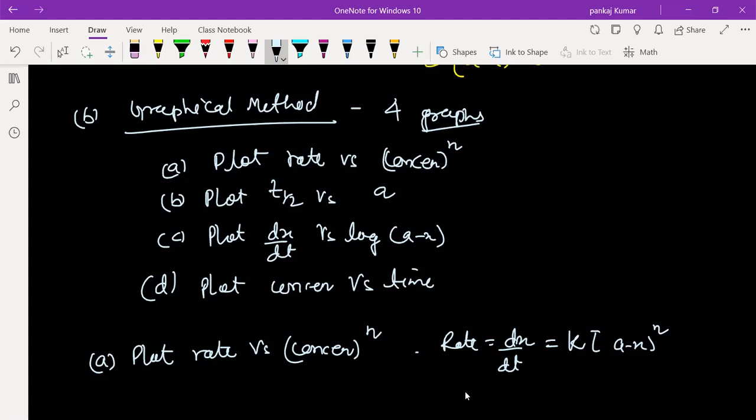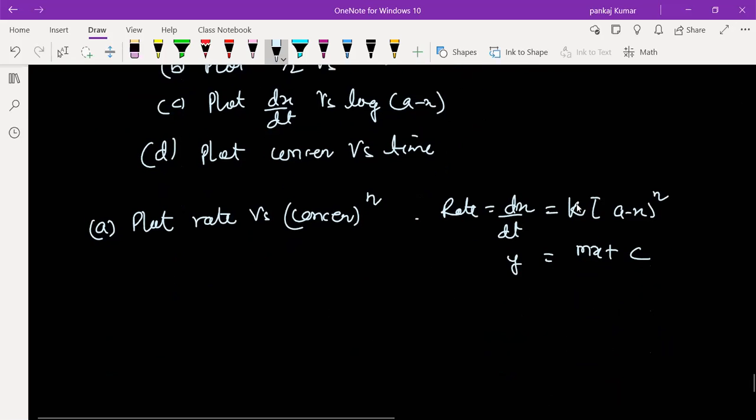We can compare this with y equals mx plus c. By comparing, we can plot it.